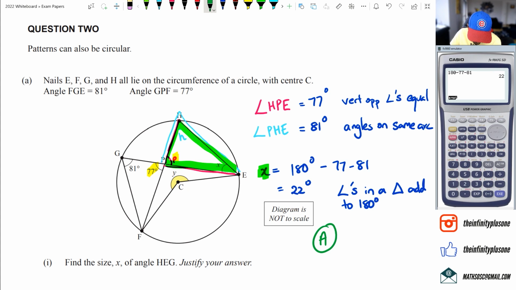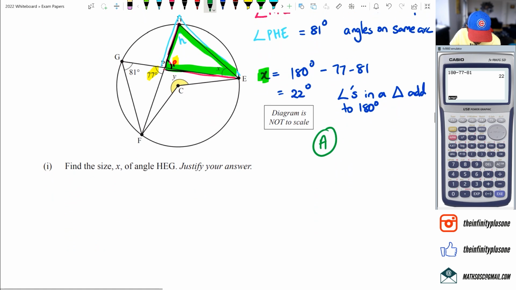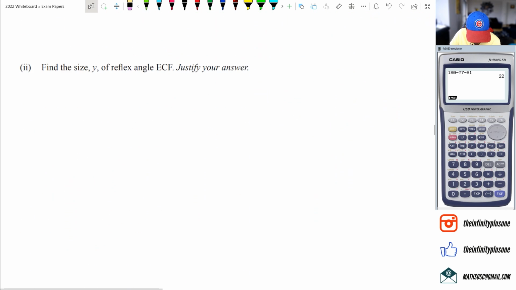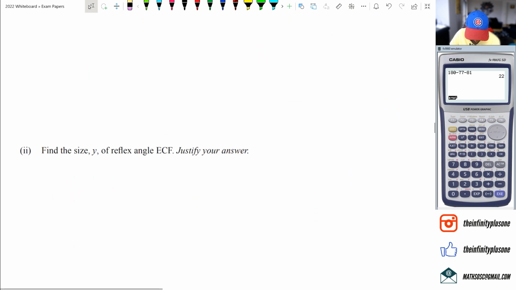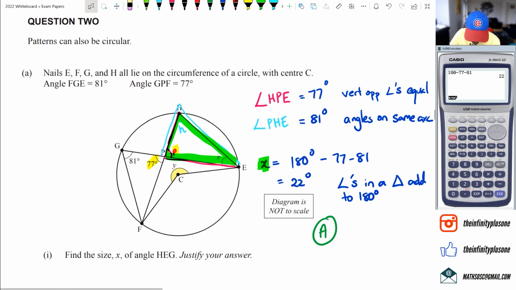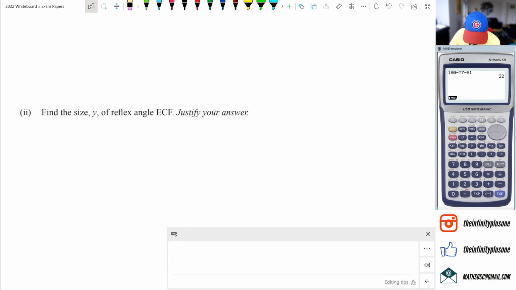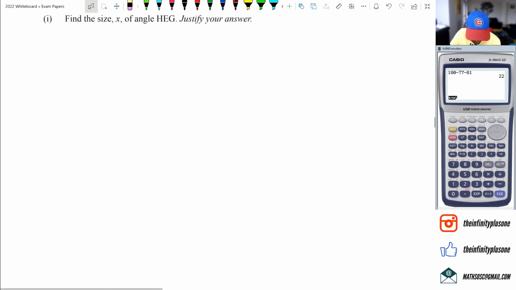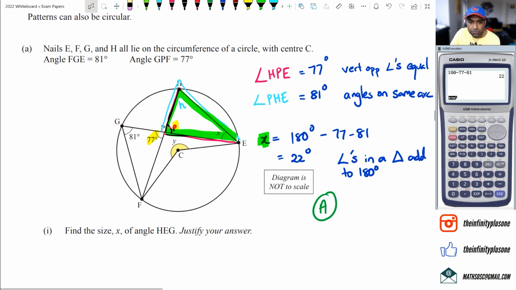The next part of the question is we've got find angle Y. Okay, so angle Y. Didn't realize I had all this room to work on this, but that's okay. So to figure out angle Y, what we've got to do is first figure out this little angle on this side, which is angle FCE.